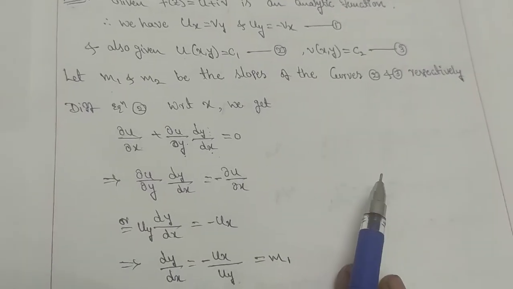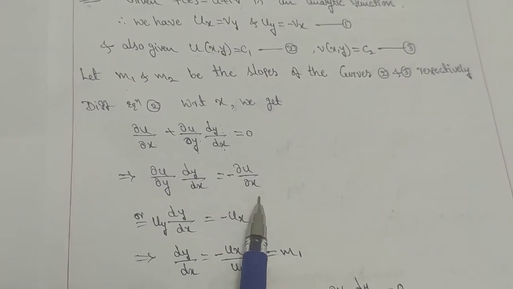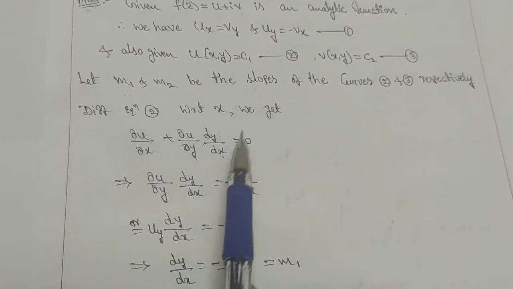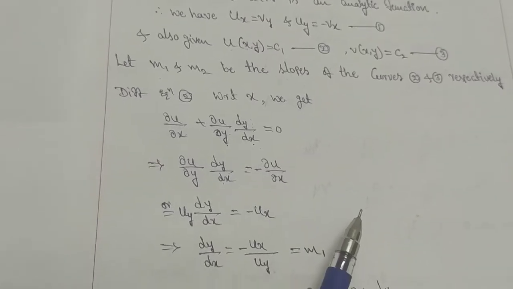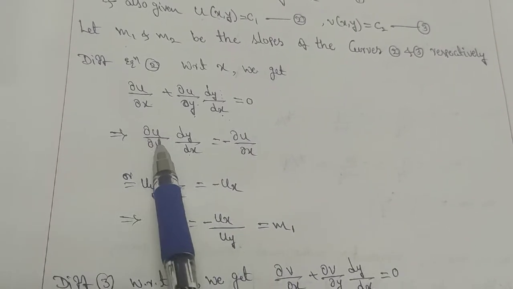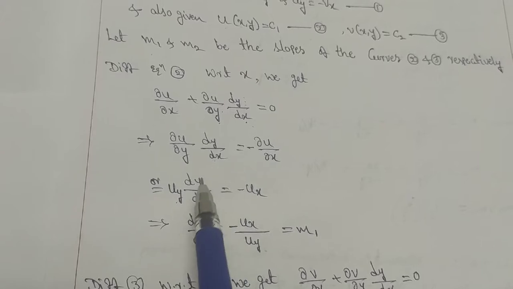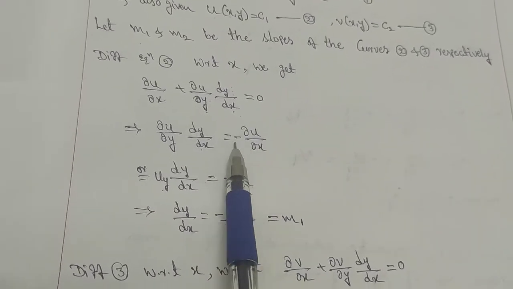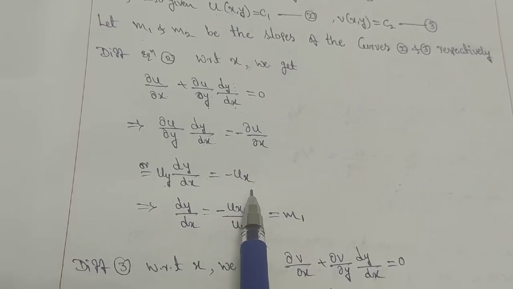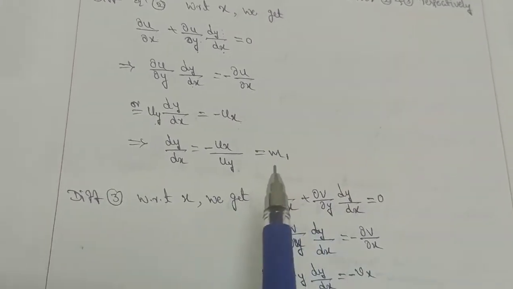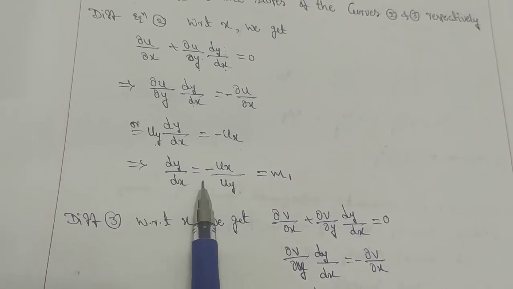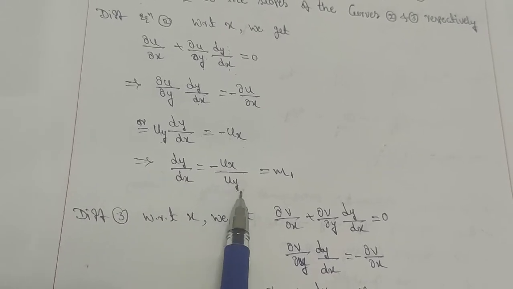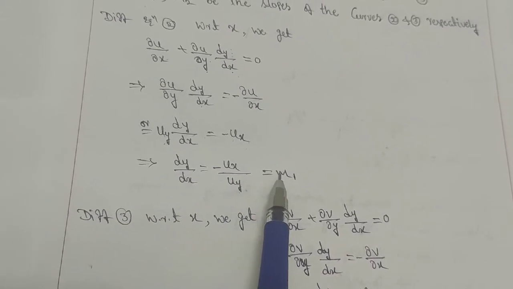Shift dou u by dou x to the right side, and we get uy into dy by dx is equal to minus ux. In that we can get the value of dy by dx, that is equals to minus ux divided by uy, that is minus ux by uy. Put this as m1.